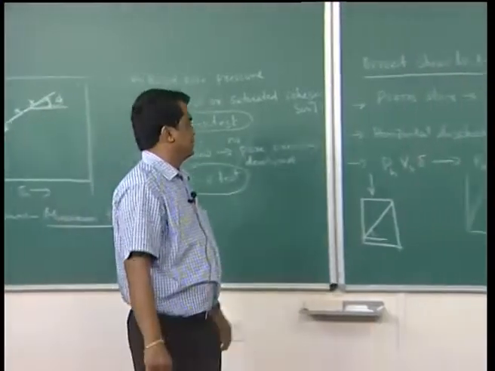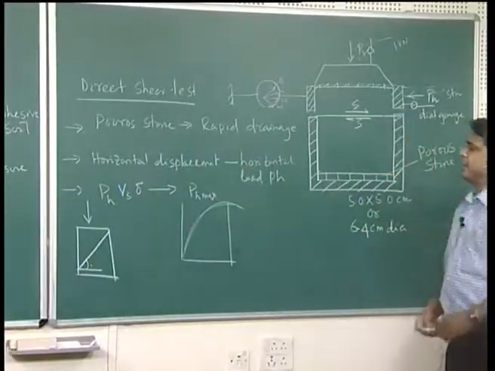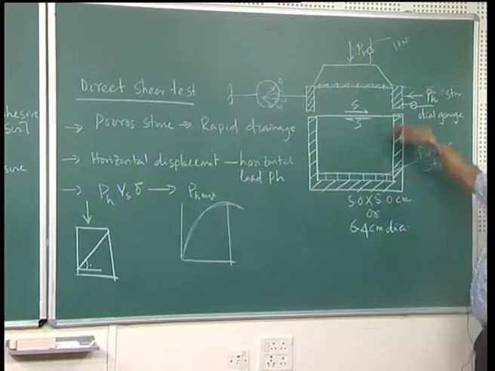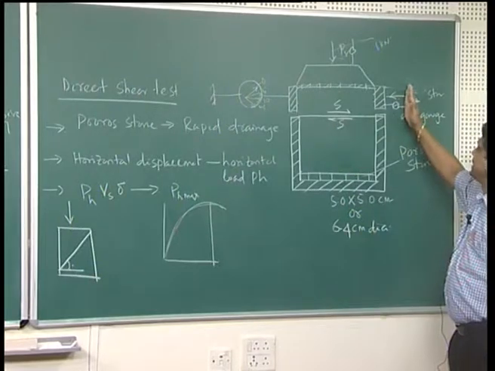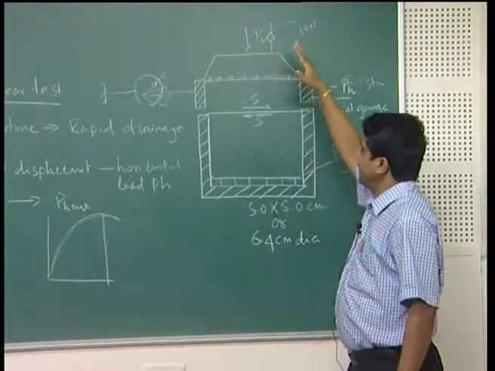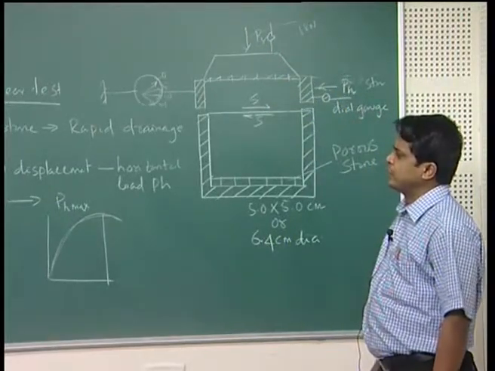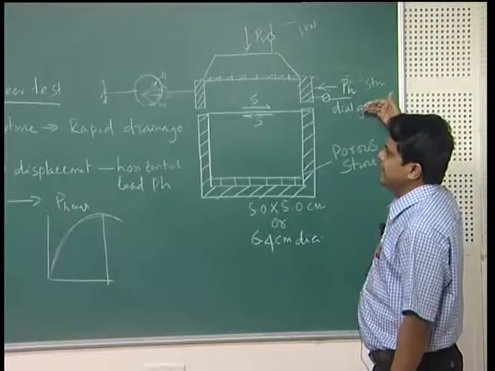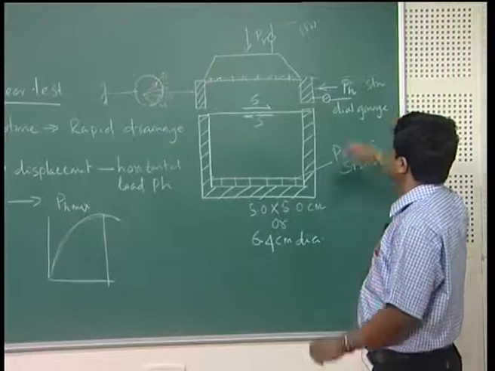In wet and saturated cohesive soil, consolidated undrained means this is the soil sample, and before applying the shear, you apply your normal load. So, what will happen? It will be consolidated. Then once consolidation is over, shearing is done rapidly by means of this lateral load, generally applied at a constant rate of displacement.